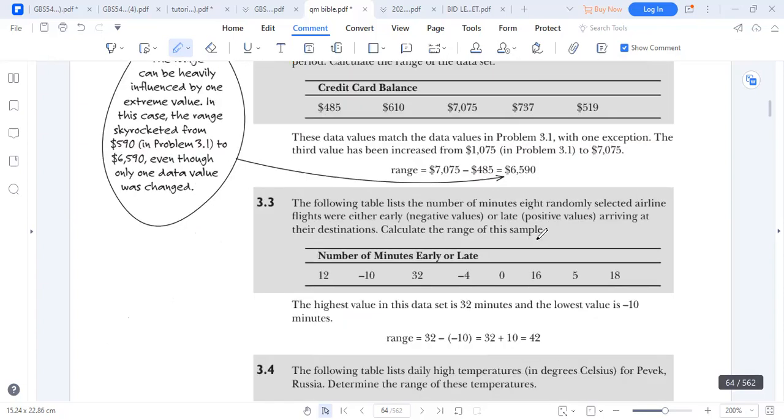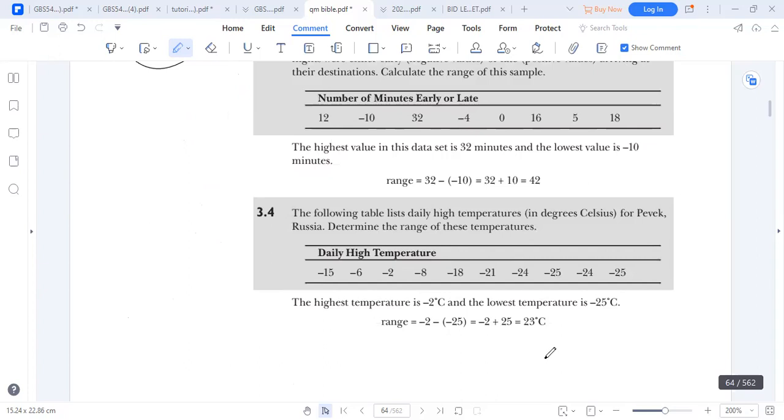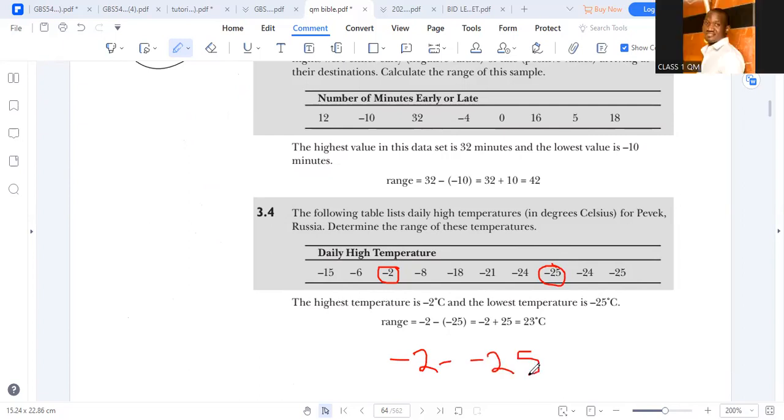So the range is simply the highest number minus the smallest number. Also in integers, the highest number among the negatives is the one closest to zero. So the highest number here is -2. The smallest number here is -25. So we'll take -2 minus -25. Remember from grade 5 that negative and negative become positive.